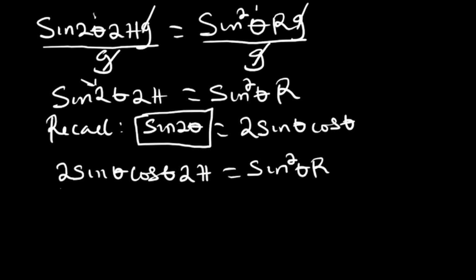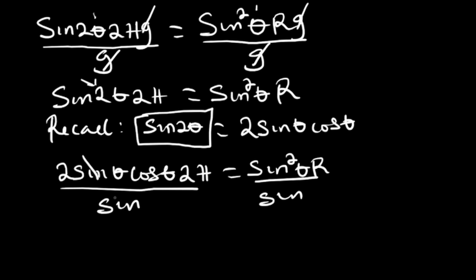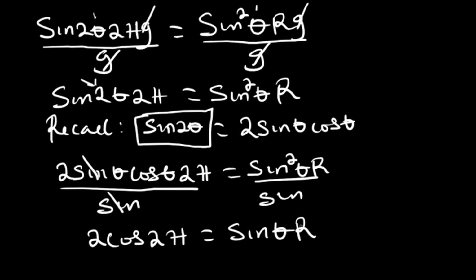We divide the left by sine, we divide the right by sine. The sine on the left cancels out, and you're left with 2 cos theta 2h is equal to, so you have sine squared on top divided by sine to the power of 1 down. You're going to be left with sine theta multiplied by r.